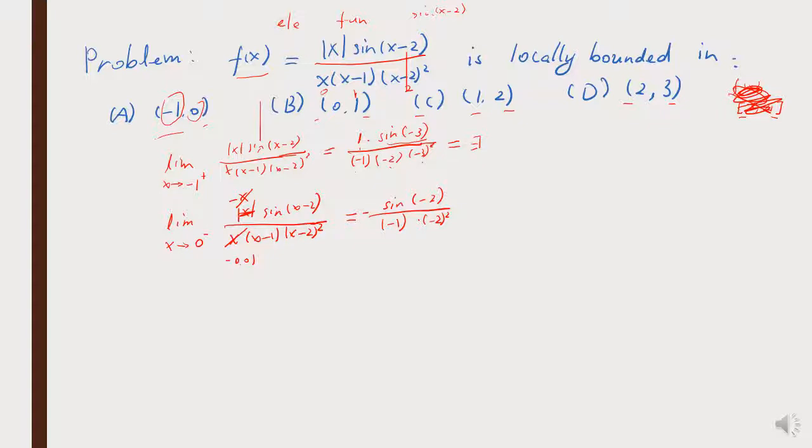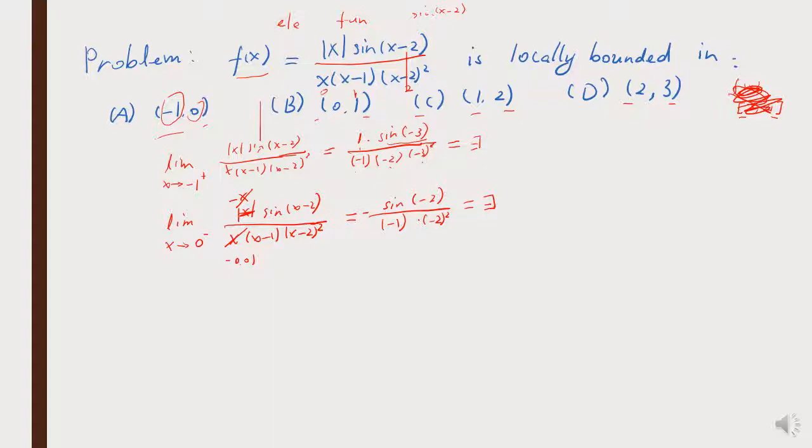Still, no matter what is inside the sine function, it's just a number between minus 1 and positive 1, and the denominator is also finite. So as a whole, the limit exists, right?